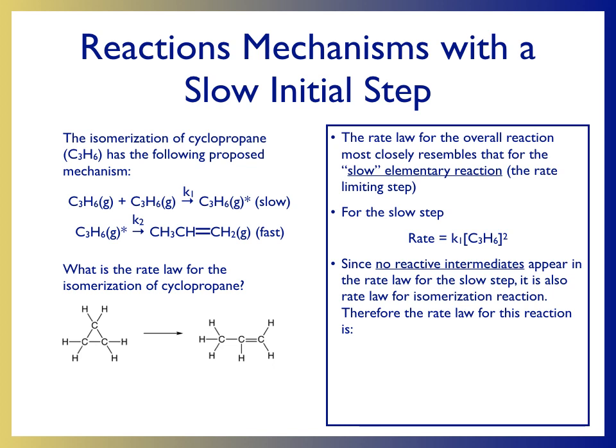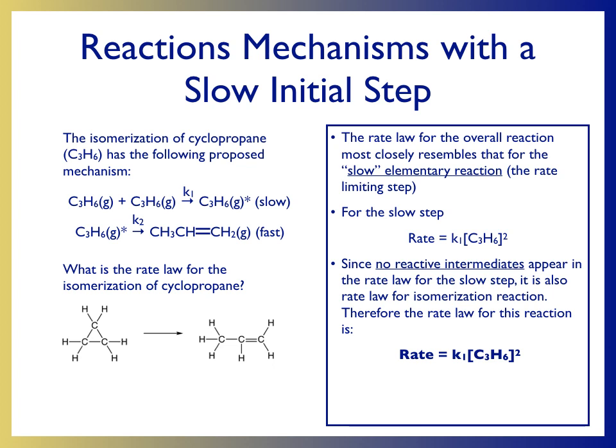This also means that in this case, the rate law for the slow step can be the overall rate law, since it does not have any reactive intermediates. So for this reaction, the rate law is the same rate law as for the slow step. That is, rate is equal to k1 times the concentration of cyclopropane squared.